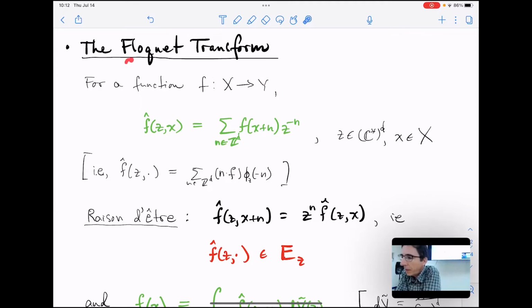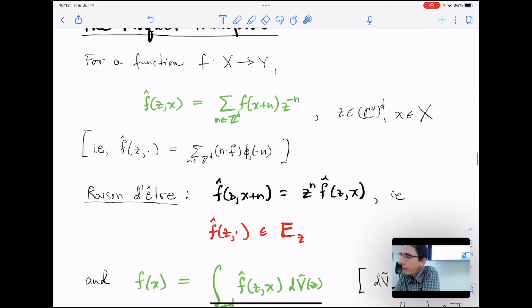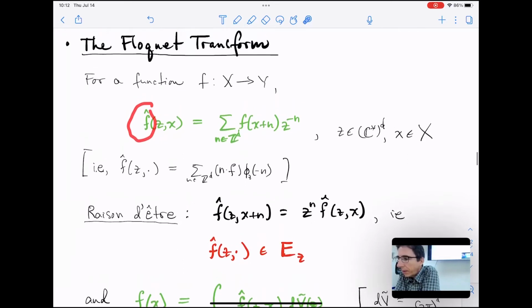It's this thing called the Bloch transform, which is essentially the Fourier transform with respect to the shift. Now look what I have here. This f hat, which is the Bloch transform, has this new variable z, which is the characters. This is how Fourier analysis works. The new variable is basically all the exponentials.